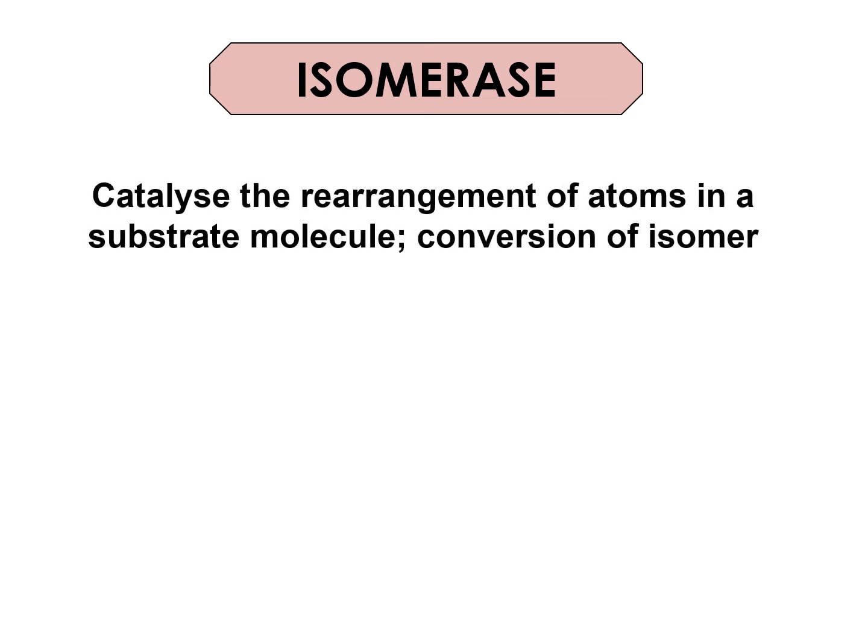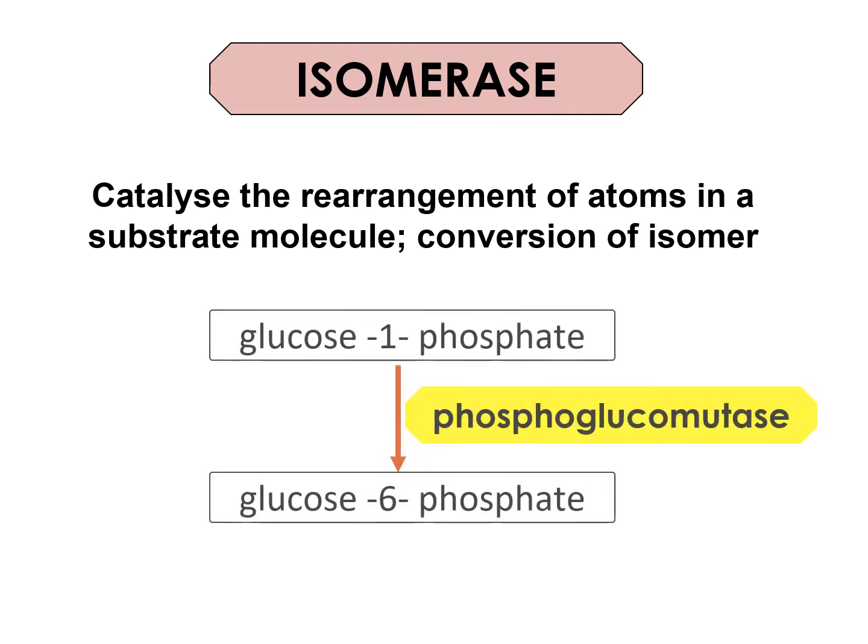Isomerase enzyme catalyzes the rearrangement of atoms in a substrate molecule, which is the conversion of an isomer. Because the molecular formula does not change, but the position of the phosphate is changed from glucose 1-phosphate.